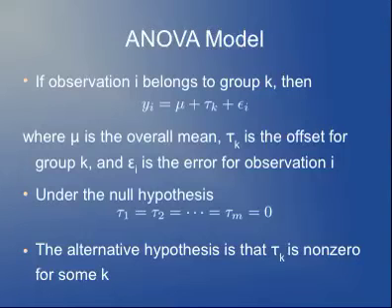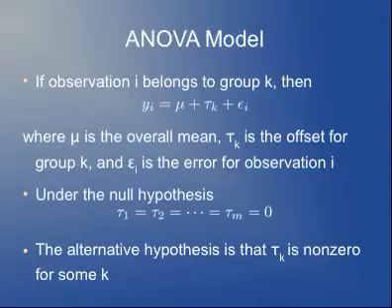So the basic ANOVA model is the value of any given observation in your data set is equal to the overall mean that we call mu plus the offset tau_k for the kth group if observation i belongs to group k, plus some random noise term.